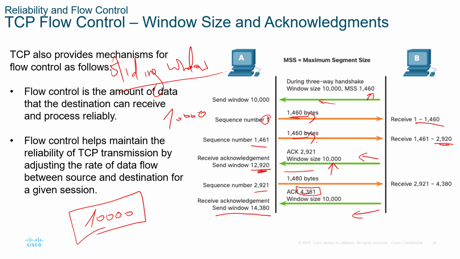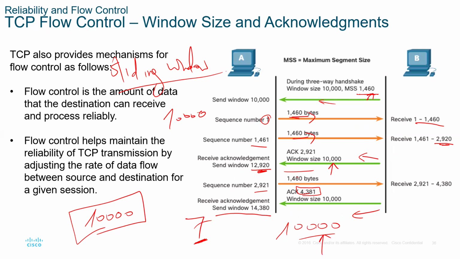I think we can send approximately 6 point something, let's say 7. If our window size stays at 10,000 and we send 7 segments, each of length 1460, it means we will no longer be able to send anything because we have reached the maximum window size.